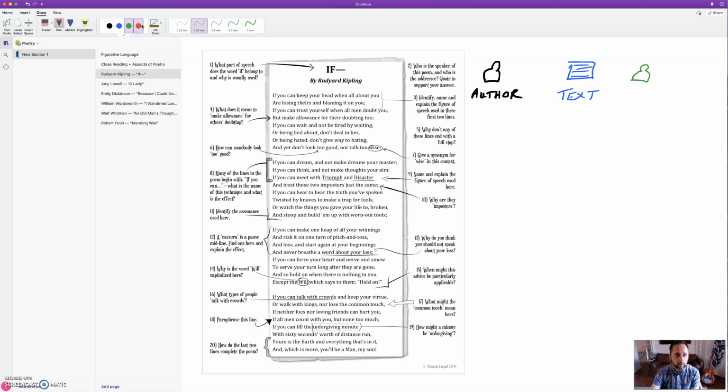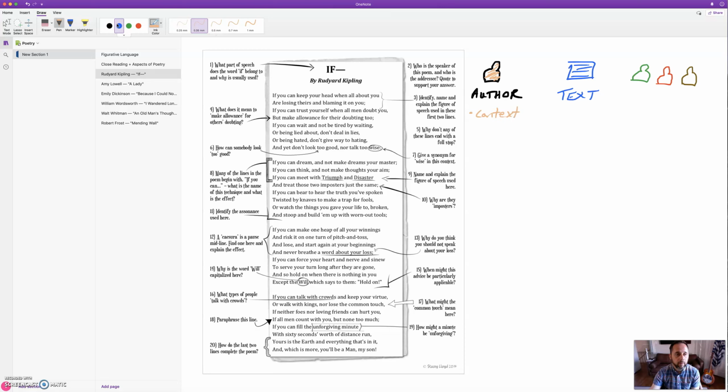So we want to always keep in mind those three categories to help us do a better close reading. And we won't always go into an author's background, but in this case, I think it's actually helpful to know a little bit about the author.